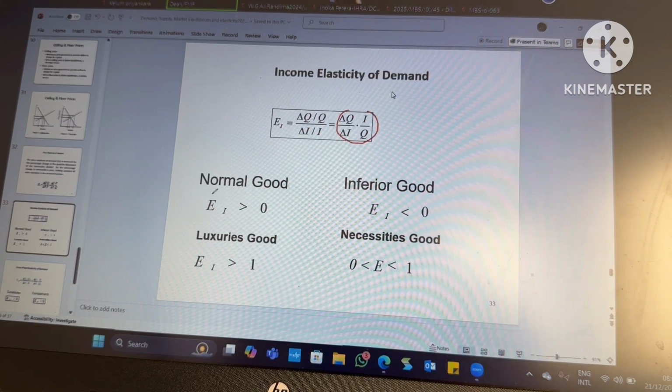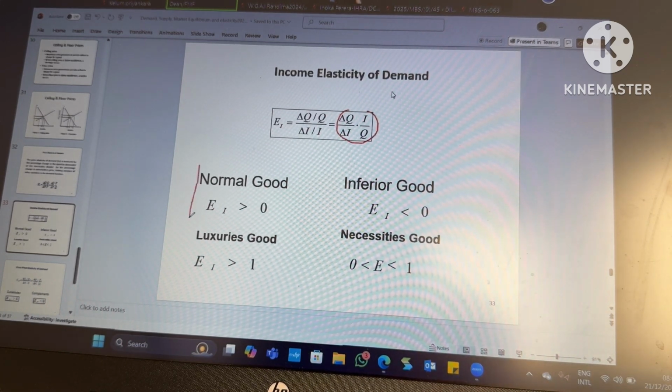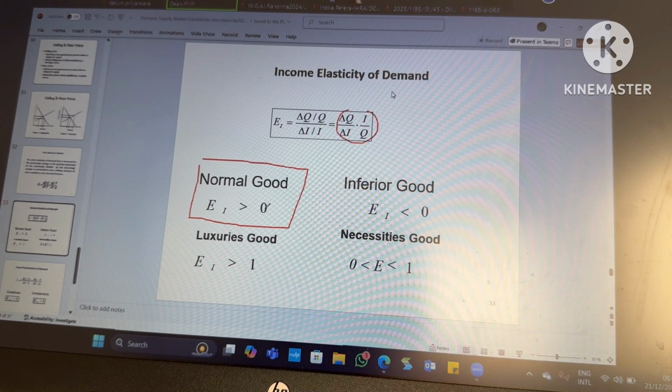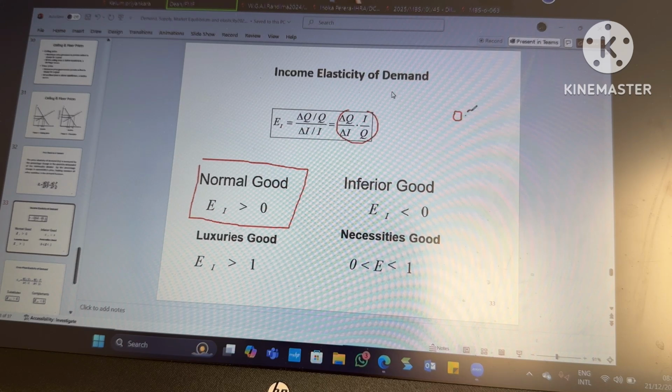For normal goods, if the commodity is called normal, income elasticity is greater than 0, any positive number. If it is 0.3, it's a positive number. That means for every 1% increase in income, demand increases by 0.3%. So it is a very normal commodity.